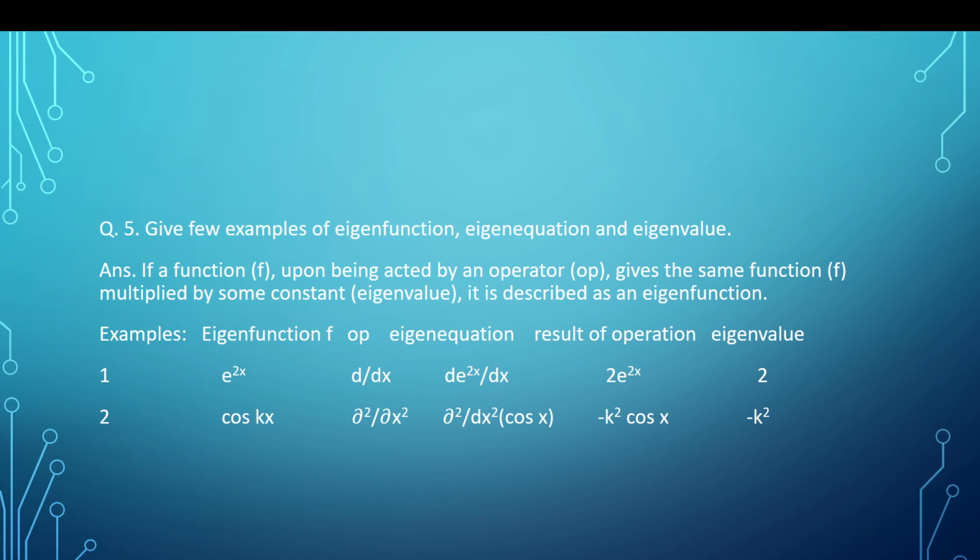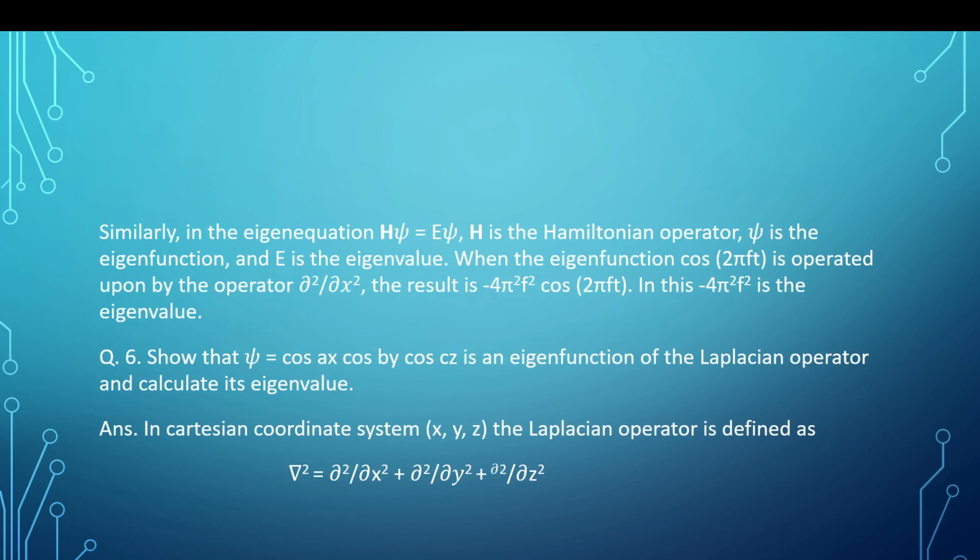Another example is cos kx acted upon by d2 upon dx2. It produces minus k square cos kx. It means here minus k square is the eigenvalue. Similarly, in the expression H psi equals E psi, E is the eigenvalue, psi is the eigenfunction, H is the operator, and this expression is called the eigenequation. The Hamiltonian operator is described earlier.